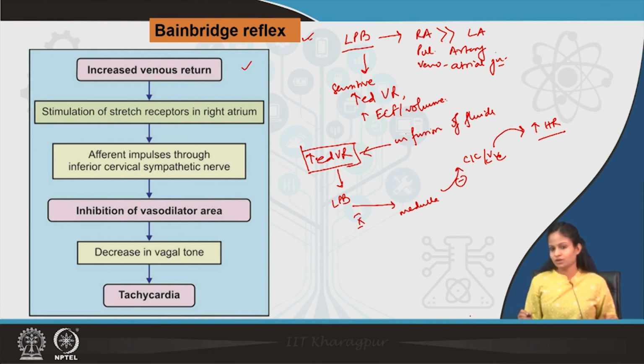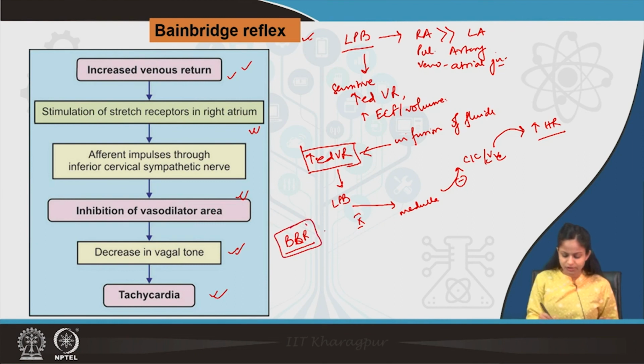The same actually occurs in case of inspiration. There is increased venous return, there is stimulation of the stretch receptors also, that is the lung stretch receptors, and there is inhibition of the vasodilator area, there is decrease in the vagal tone, and there is tachycardia. So, the Bainbridge reflex is one of the mechanisms for sinus arrhythmia.